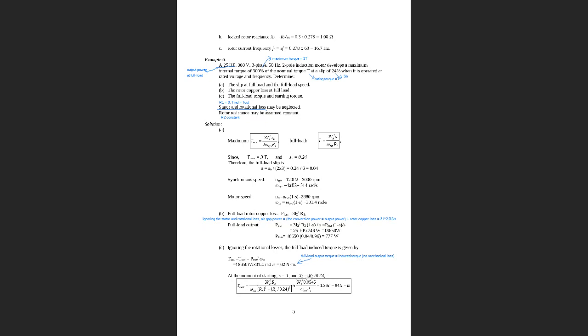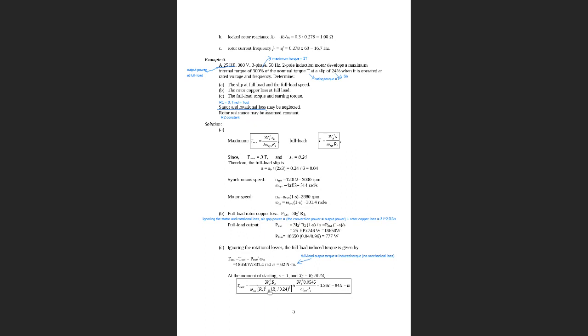Breakdown means that X2 equals R2 over 0.24. If we ignore the stator, we can simplify that. The starting torque is related to the motor frequency and the motor resistance. So here R2 over 1, then X2, and X2 can be replaced with R2.